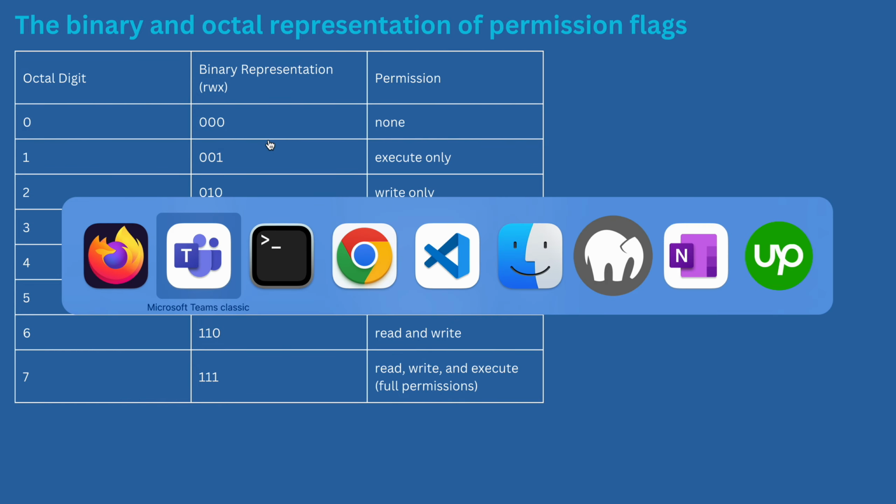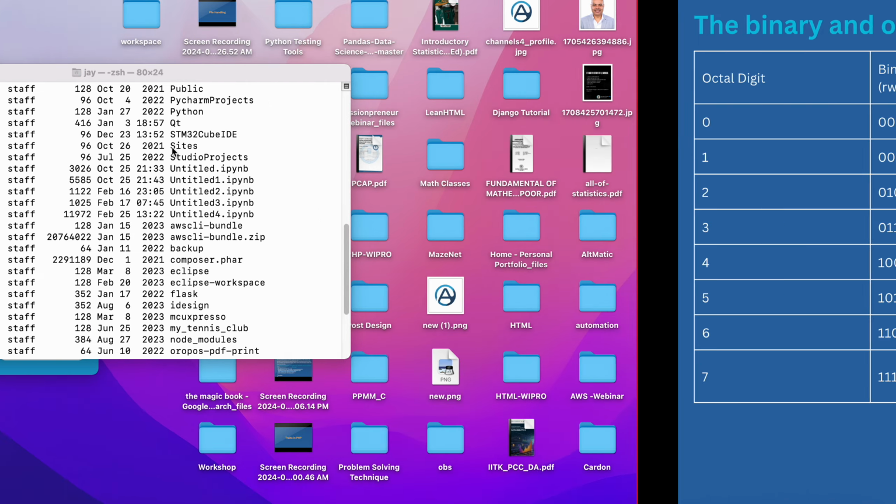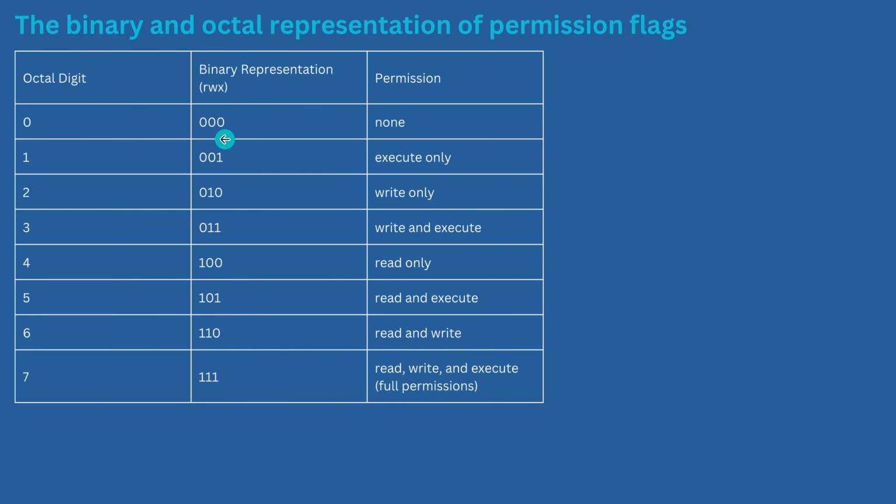So if you see the meaning of this, here RWX, there is execute, write and read permission. Now there are 3 types of users here. One user has read, write and execute permission. These are the 3 binary representations of RWX, and on the basis of this you can tell anything.